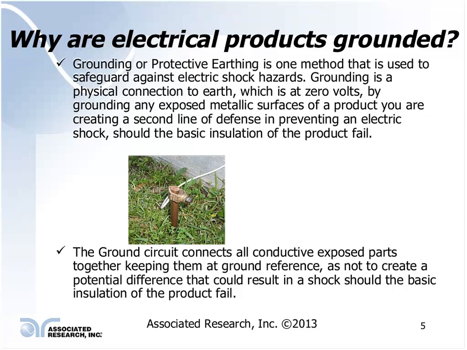Okay. Grounding, or protective earthing, is one method that is used to safeguard against electrical shock hazards. As I stated earlier, this is a physical ground connection to earth. The photograph here shows a ground rod driven into the earth and a wire tied directly to that ground rod, which is connected back to the distribution panel leading power into the building itself.